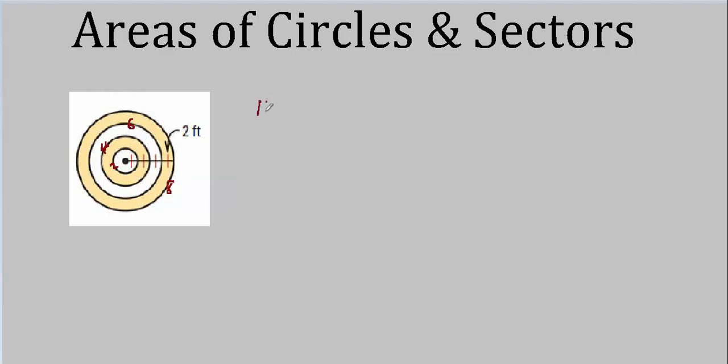The area of this is pi times 8 squared. The area of this is pi times 6 squared.